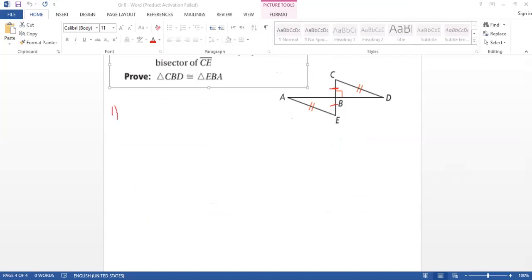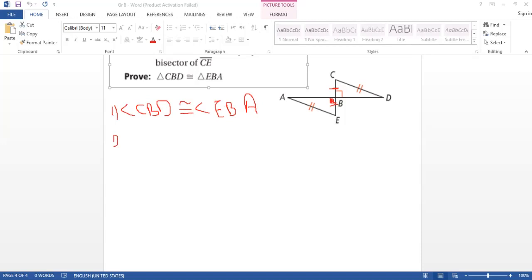Condition number one, we have angle CBD is congruent to angle what? Yes, EBA, because this angle is also 90 degrees from the perpendicular bisector, because AD is perpendicular to CE.